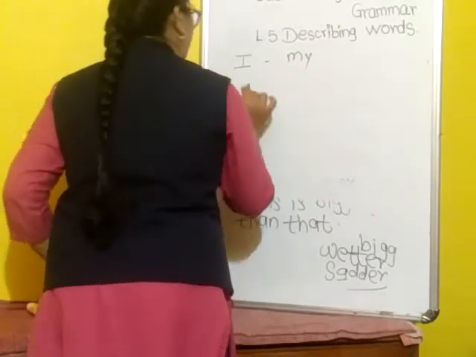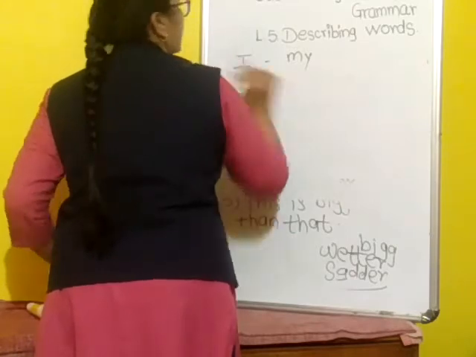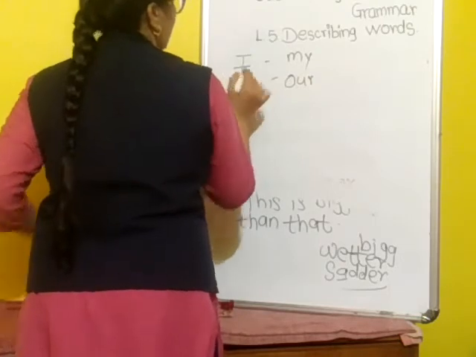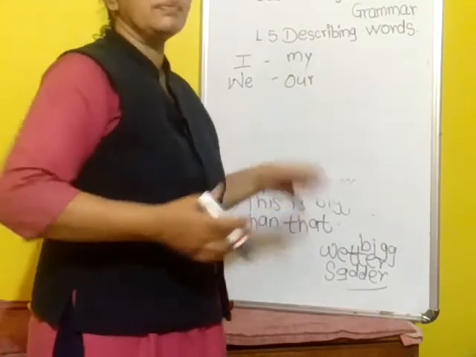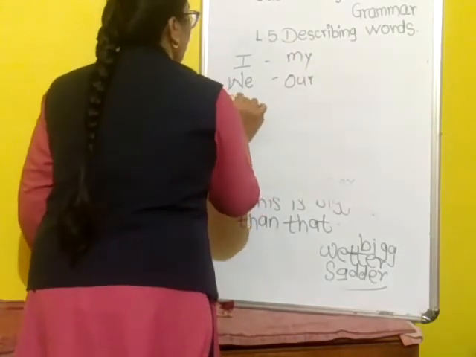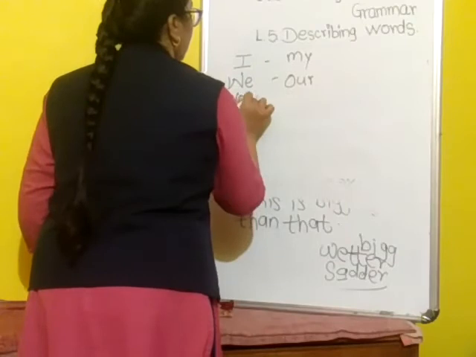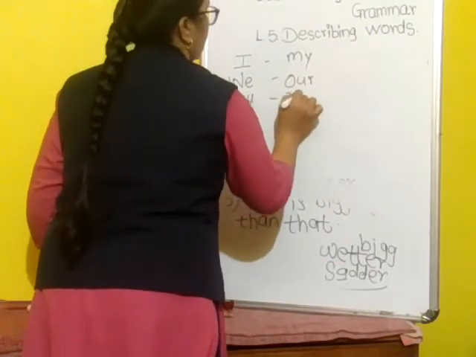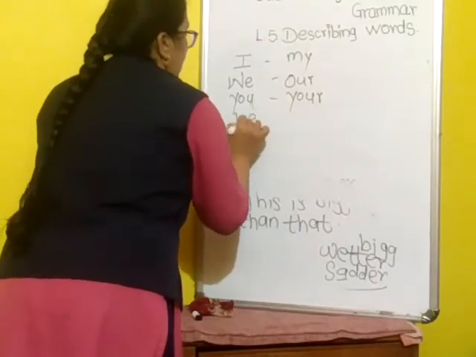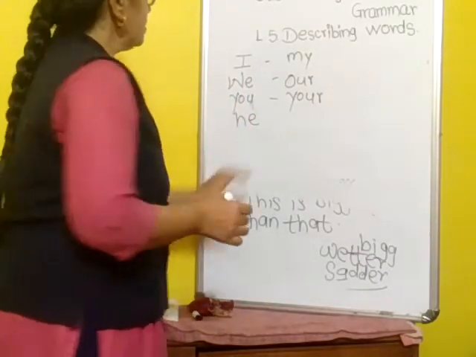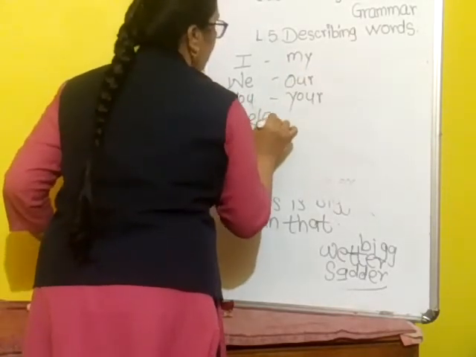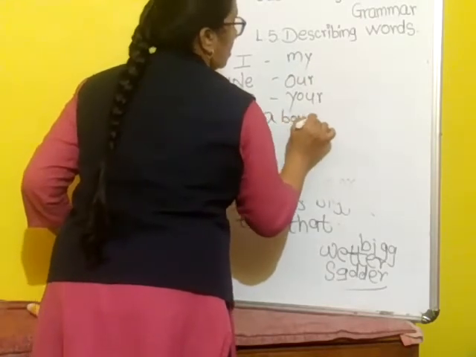Then our. Who can say our? When the things belong to us, we can write our. Then your. For you, you can say your. Then next is his. The singular masculine gender, that means he, a boy or a man.